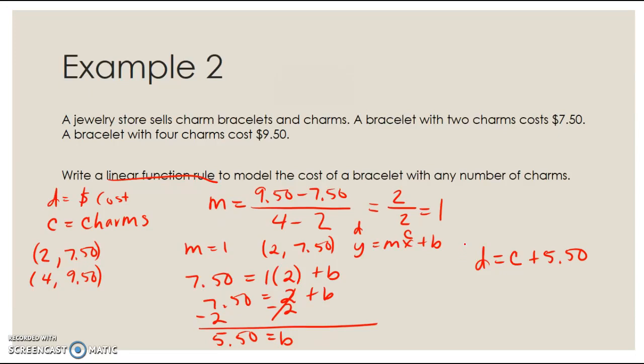And so then that will be our linear function rule. And again, notice how here we have y equals mx plus b stuck in our head, but before I went and wrote my final equation, I took y and said, okay, well that's going to be my D, my dollar amount, and x is my charms. So when I go to write this here, that's how it's going to look.